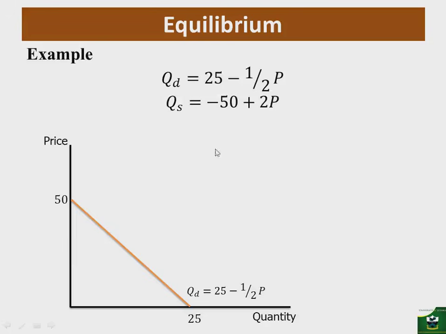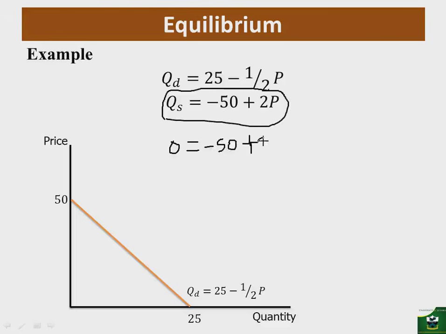Our vertical intercept is the value of P when quantity is 0. With that, given our supply function QS, it means we will have quantity supplied 0, which will be equal to negative 50 plus 2P.